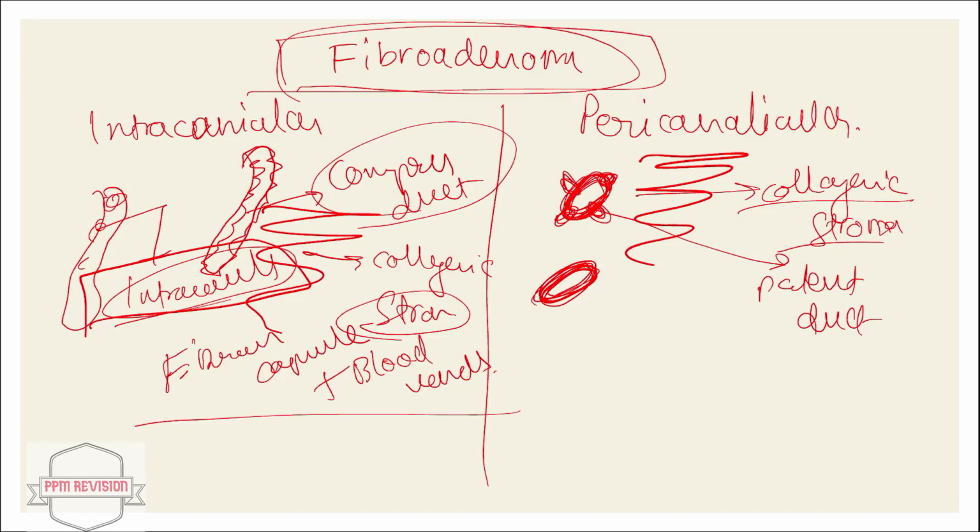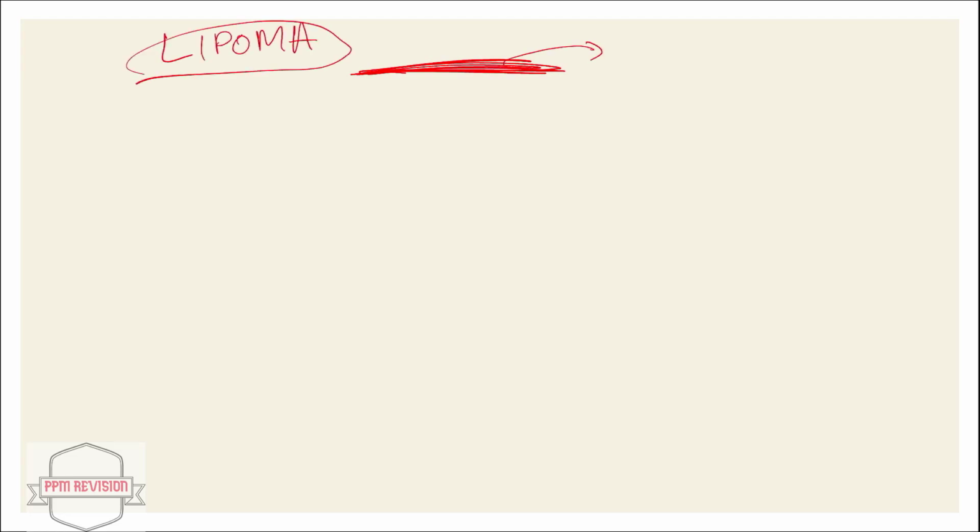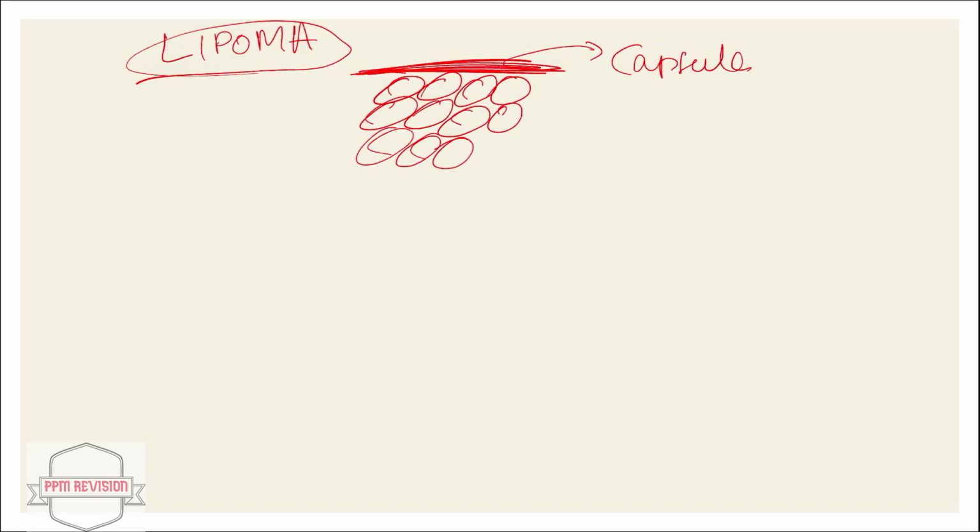So it's easy. Now the easiest, which all of us love identifying, is the lipoma. Lipoma is very easy to see under the microscope. It will look very dark and like a mesh, exactly like a mesh.